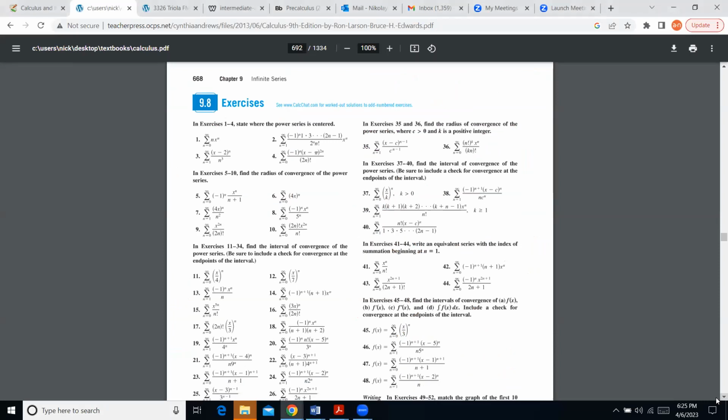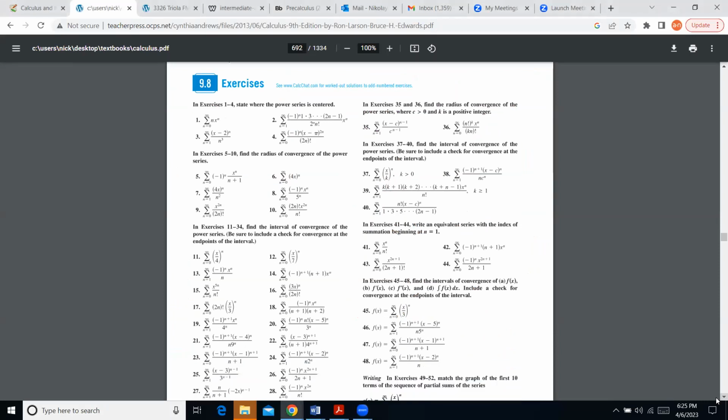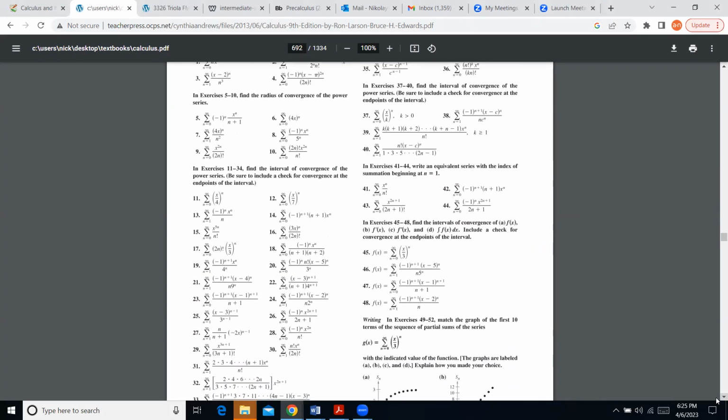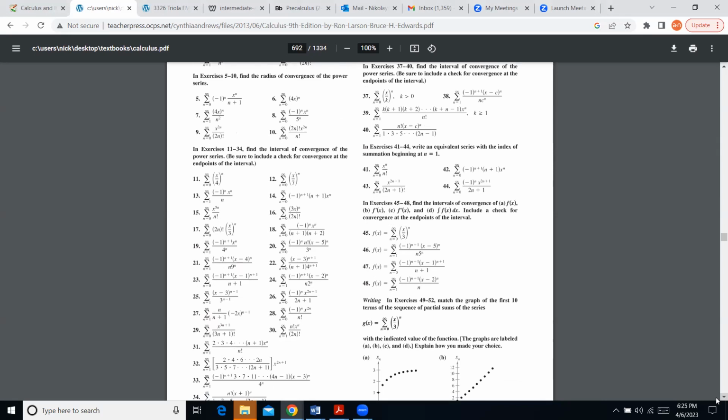And looks like these exercises, they have a few steps in each of them. So you first of all find the interval, and then you test the endpoints. So what I want to do is find one that we can utilize the root test instead of the ratio test, because you don't have to always utilize the ratio.